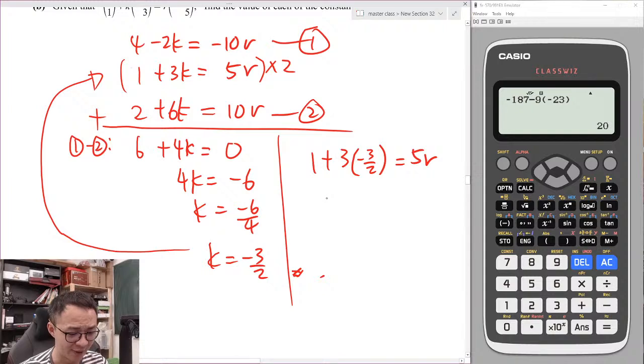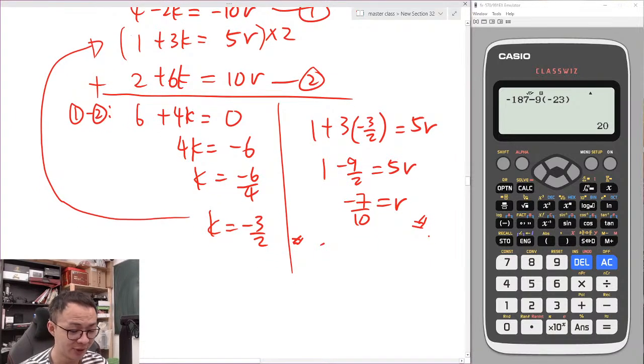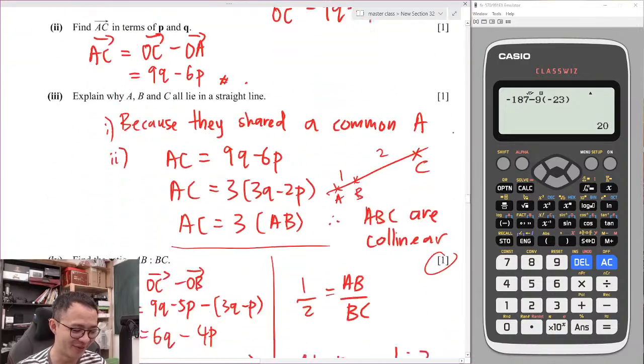So 1 minus 9 over 2 equals 5R. This is R equals negative 7 over 10. So remember to find K and R.